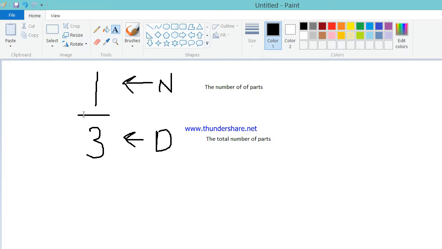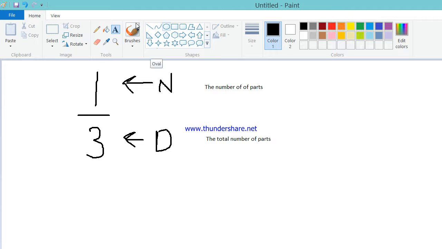So what this is saying is that if I have 3 of something, and I'm only looking at one equal part of that something, then I'm talking about 1/3 of it.